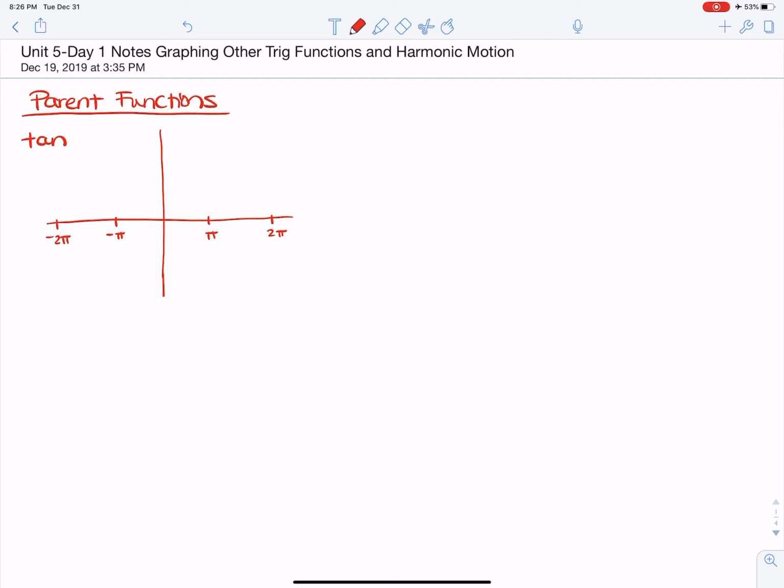Where is the function undefined? When you think about the unit circle, tangent is undefined at pi over 2, because it ends up with 0 in the denominator, and 3 pi over 2. It's also undefined at those values on the negative side, negative pi over 2 and negative 3 pi over 2.